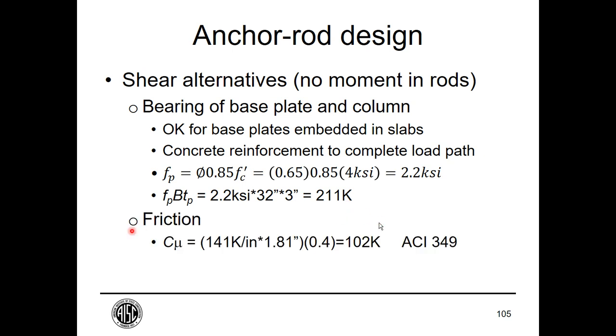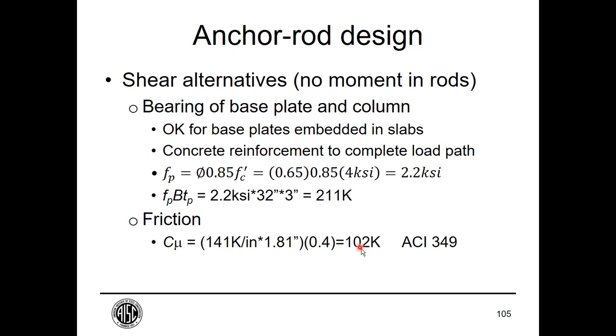Another way that people often take out shear is calculating friction based on the compression that's present. Now, the compression that's present isn't just the compression in the column, it's the compression due to flexure, which is pushing down on the toe of the base plate. That was that 141 kips per inch times that dimension y of 1.8 inches.